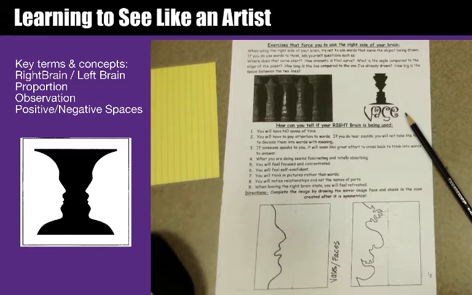What we learned about the right brain and left brain yesterday is that artists tend to use their right brain, and that is used when they use the skills of looking at and comparing shapes and spaces to each other. The other thing that we learned yesterday and are going to use today is that artists rely on observation.